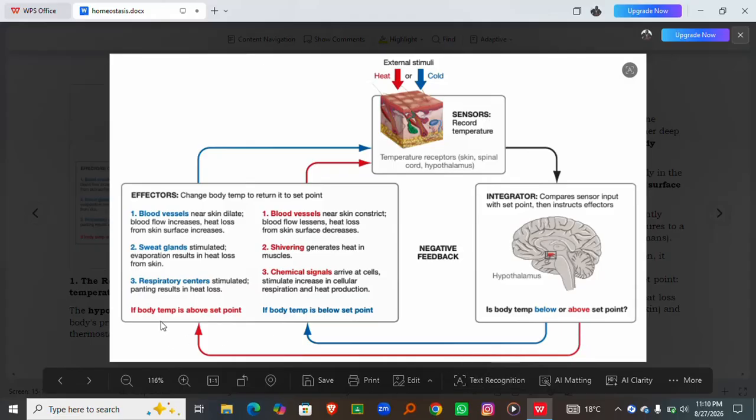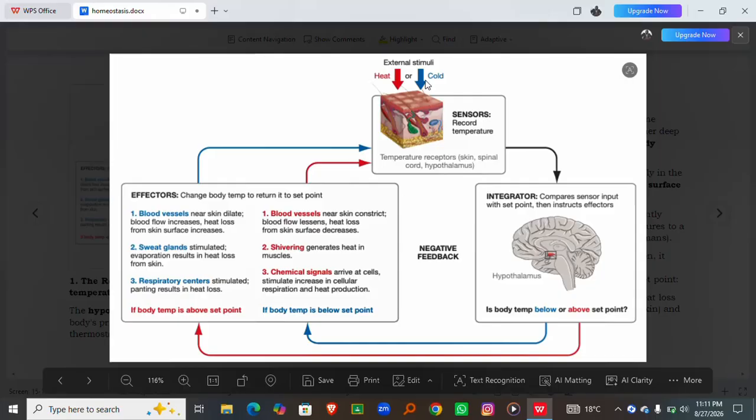You realize that if the body temperature is above the normal set point, blood vessels near the skin will have to dilate. Blood flow increases, heat loss from the skin surface increases, sweat glands are stimulated, and evaporation results, resulting into heat loss from the skin. Respiratory centers are stimulated, panting results into heat loss.